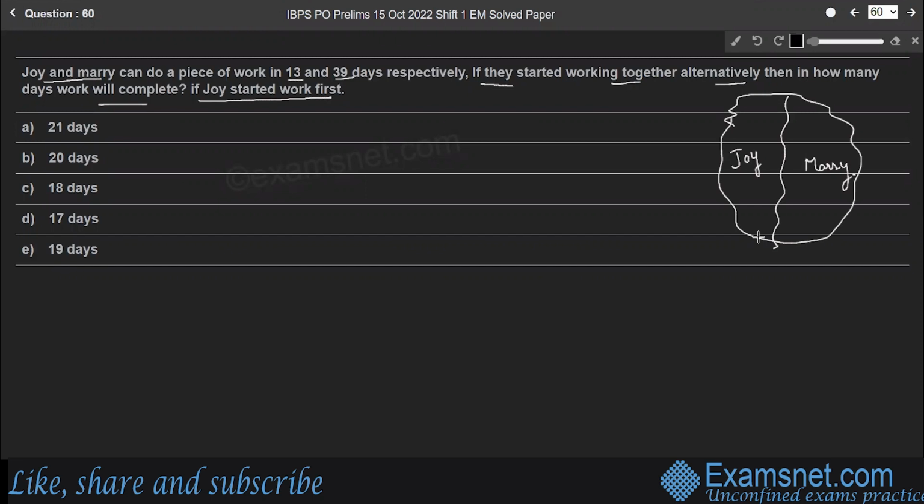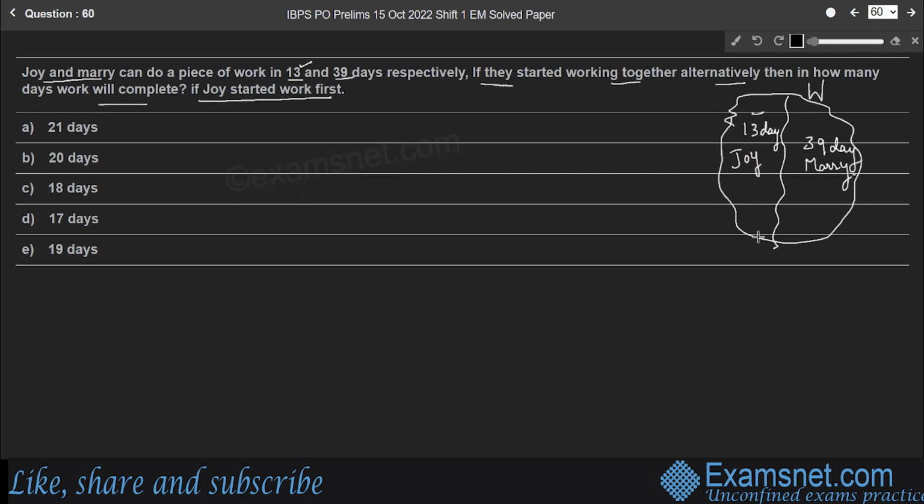So let W be the total amount of work. Joy does a piece of work in 13 days, and the remaining work has been done by Mary in 39 days.